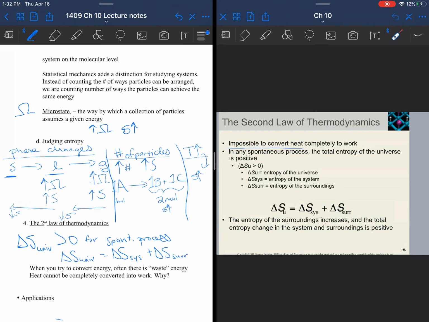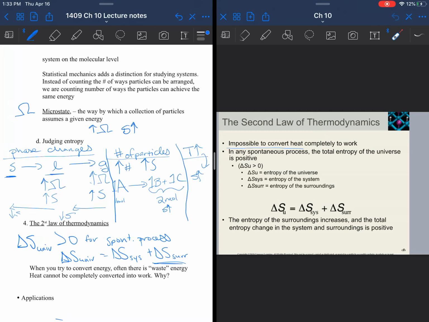So even if you have a system, a process that's getting more orderly, if the surroundings are going to have a much larger increase in entropy, they're going to be getting more disordered, then overall, you're still going to see delta S of the universe being positive, right? Increasing.